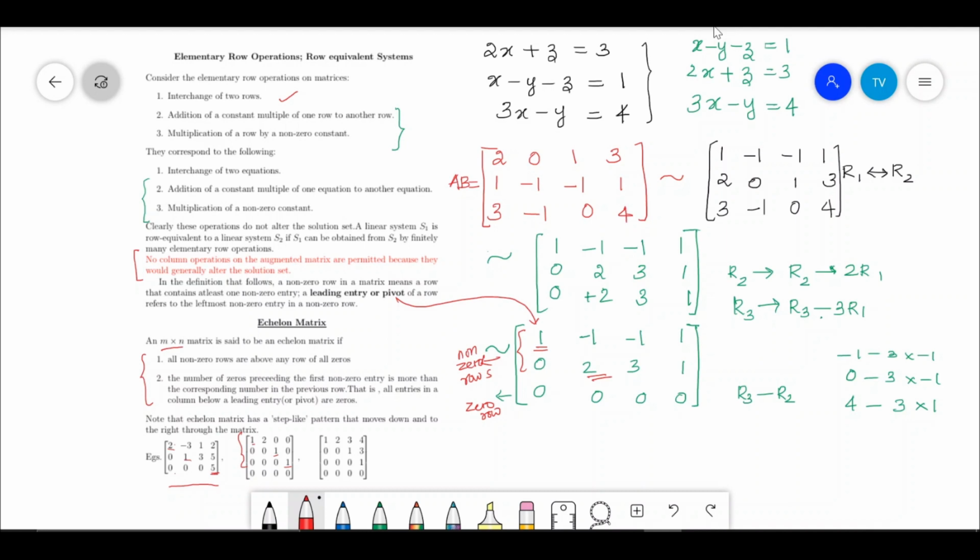Similar is the case with the third example also. This is also a beautiful example of an echelon matrix. And you can see that these elementary row transformations generate equivalent matrices.